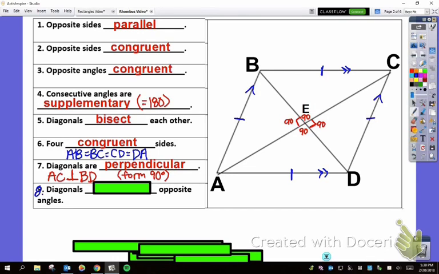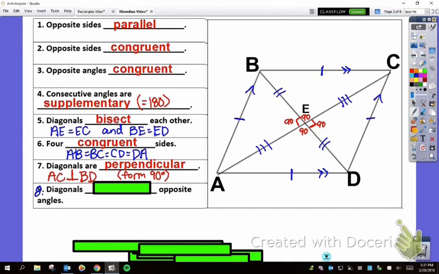So that means that BE is going to be equal to ED, and AE and CE are going to be equal. But BE and AE are not equal on this picture. So we have AE equals EC, and BE equals ED, but AE and BE do not equal each other.